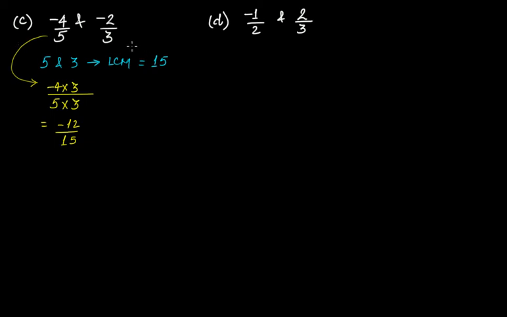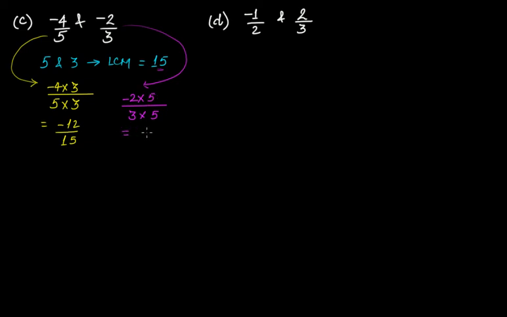Now this one, you have to convert this rational number in a way that its denominator comes as 15. So by what number should we multiply 3 so that its denominator comes 15? That will be 3 times 5. Focus on this 15 only. Since we have multiplied the denominator with 5, you have to multiply the numerator also with 5.